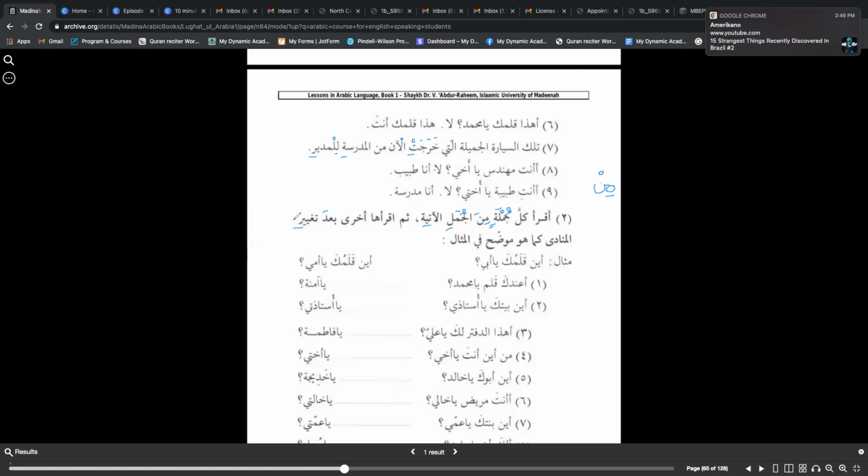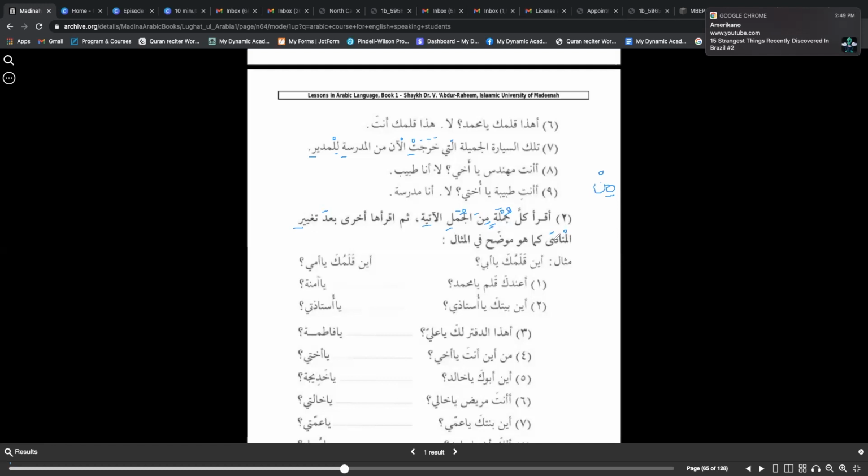So it's بعد تغييري, and then when you have this alif lam, you don't say تغييري المنادى. The ya connects with the sound of the lam. So it's بعد تغيير المنادى. Munada, this is maf'ulun bihi, meaning the one who's being called.